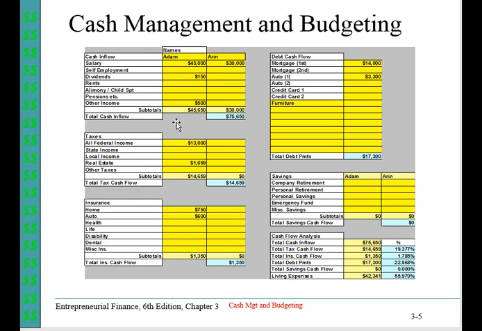And again, you can see there are a variety of opportunities for different kinds of money to come into the family. So roughly $75,000 comes into the family. On the tax side, all the different taxes are listed. So $14,658 is the taxes that they pay.